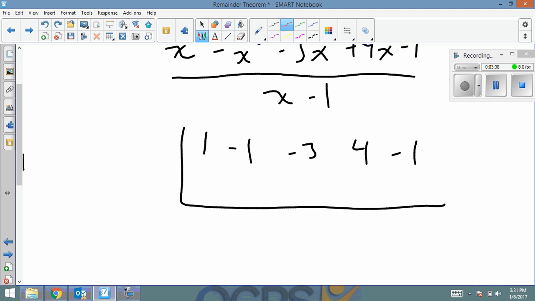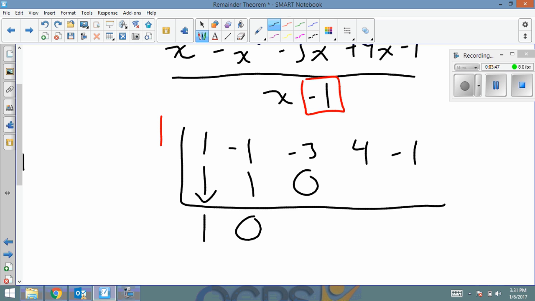And then we're going to put this 1 here on the outside. Bring it down. 1 times 1 is 1. That gives me 0. 0, 0. That's -3. -3, which is 1. 1, and then a remainder of 0.